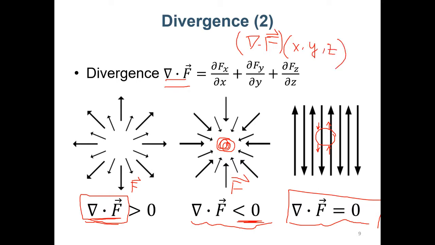So when you want to know the divergence at this point, you substitute the coordinate of that point into that expression, and you know the flux at this point. But actually, it tells you all the flux over different spaces, over the whole space.